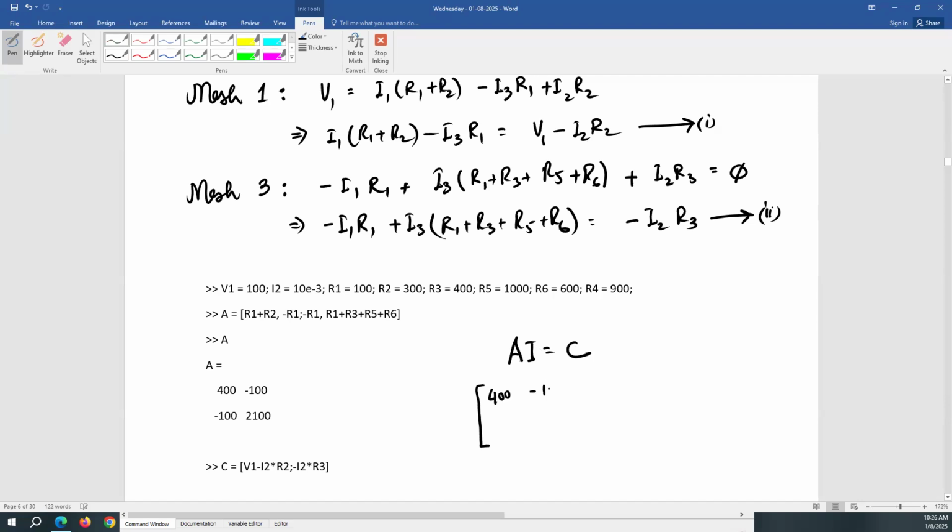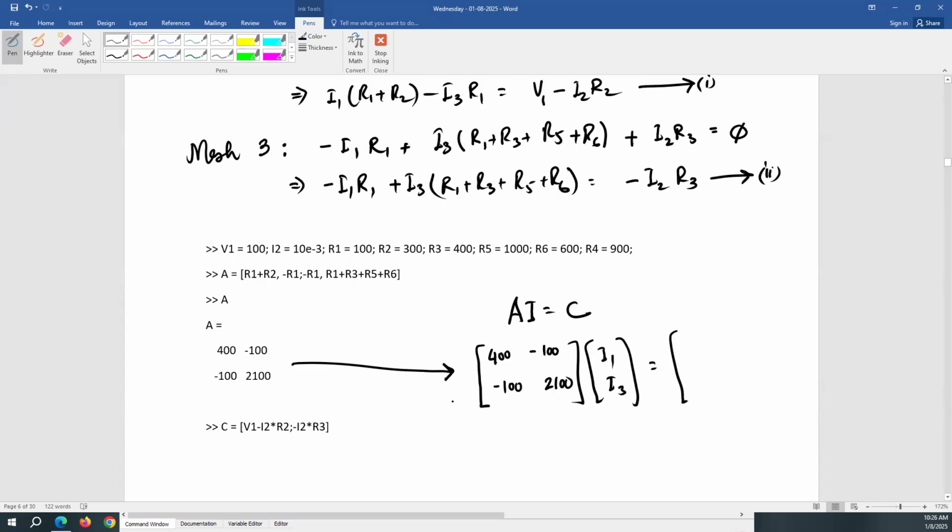So this is 400, negative 100, negative 100, and 2100. This is A times I1 and I3, that's the constant vector, is equal to C, which I calculated to be 97 and negative 4.